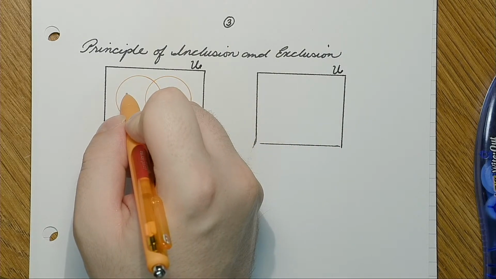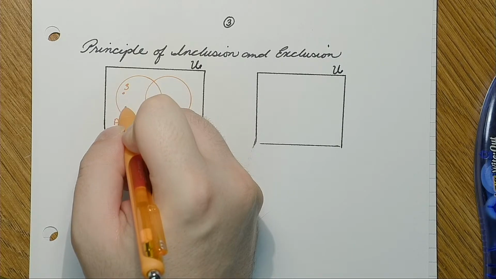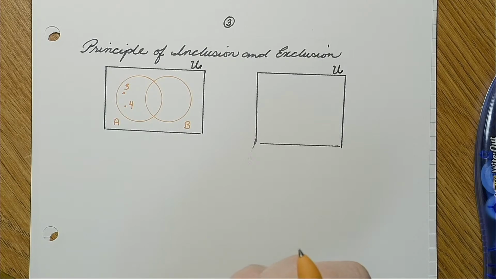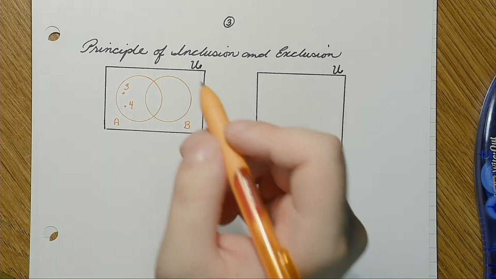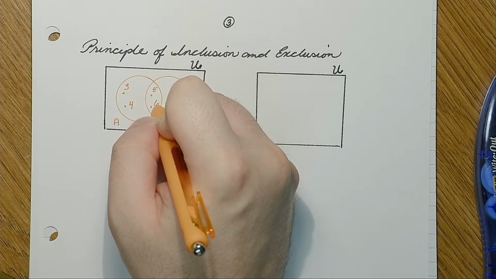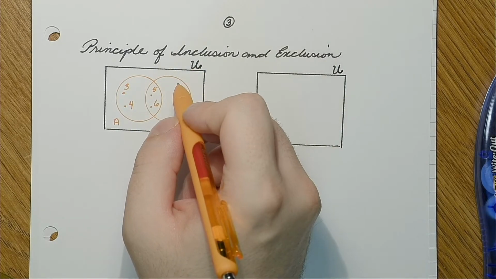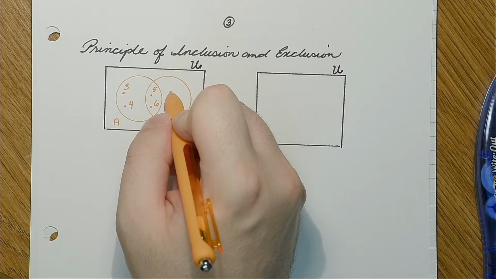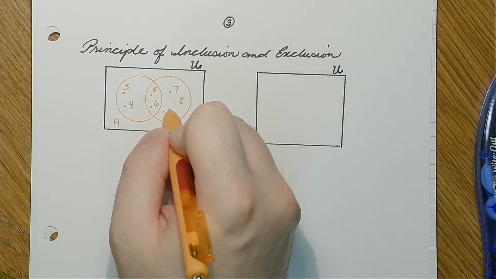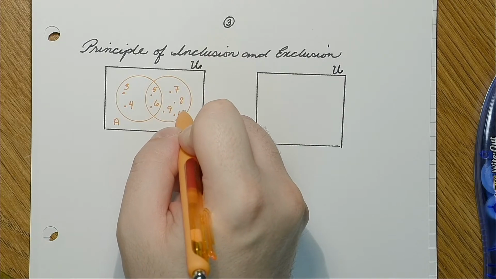And I'm going to say I have 3, I have 4 in here. I'll say I have 5 and 6 here. And then 7, 8, 9, and 10.